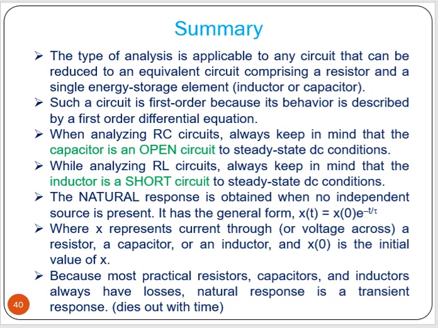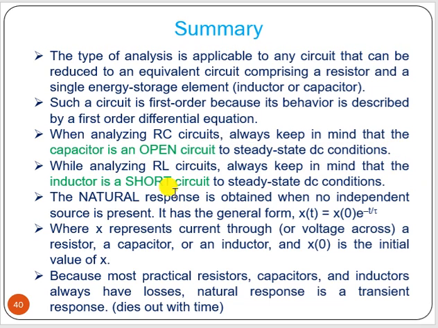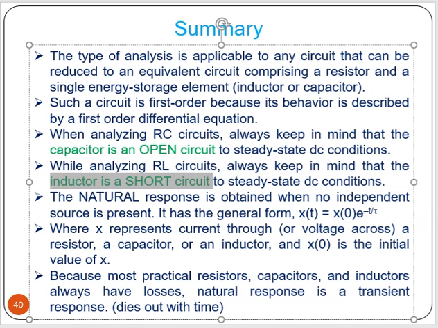Such a circuit is first order because its behavior is described by a first order differential equation. Always remember that in case of DC, when we apply a DC voltage source or current source, the capacitor acts as an open circuit in steady state DC condition, and in the steady state DC condition, the inductor acts as a short circuit.